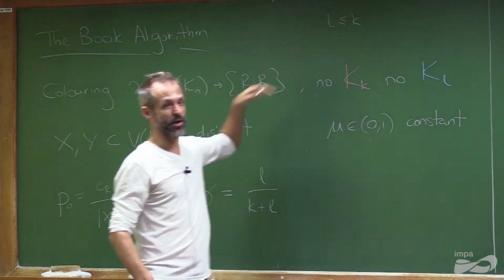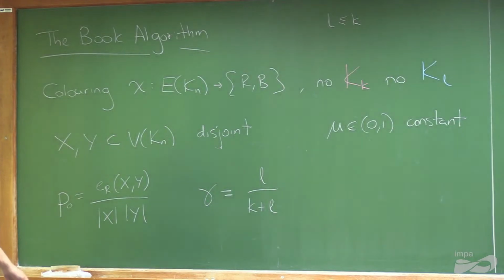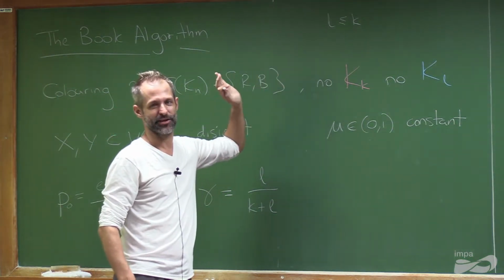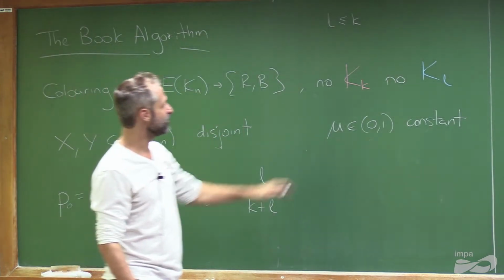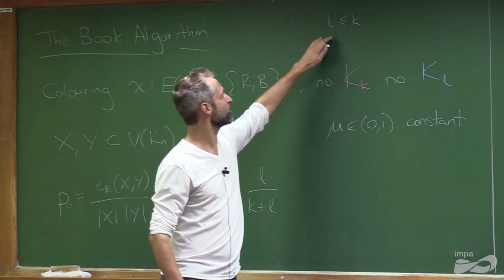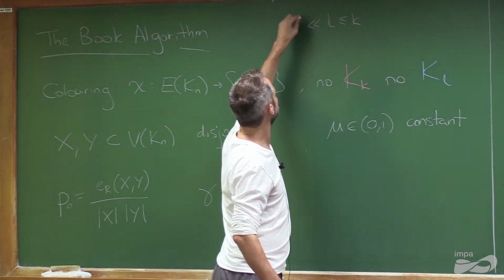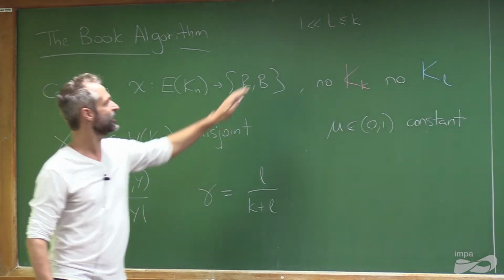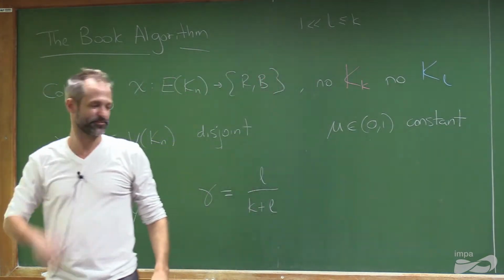It can be much smaller as well. But really, for this course, we're going to think of l as being of order k. In particular, mu will really be a constant, and l and k will be large. So l and k are both much bigger than 1, and how much bigger depends on things like mu. Any constant I say, this depends on the constant.